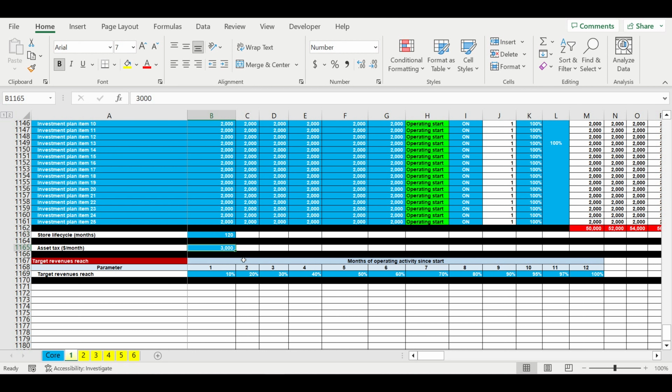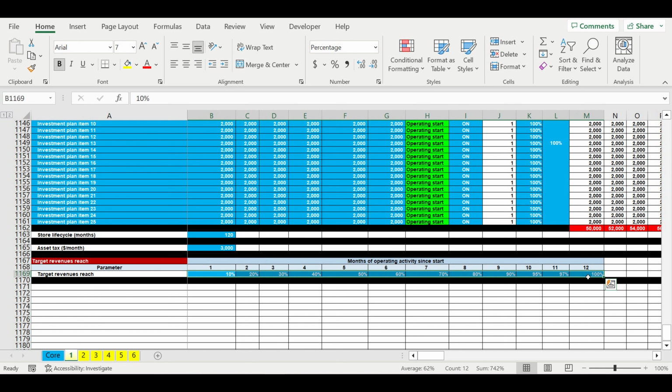Then we are assuming that this store won't reach the target revenues right from the first month of operating activity. So it will be reaching the target revenues step by step. So this is the first month of operating activities, second, third, fourth, and these are the percentages of target revenues that this store will be reaching.